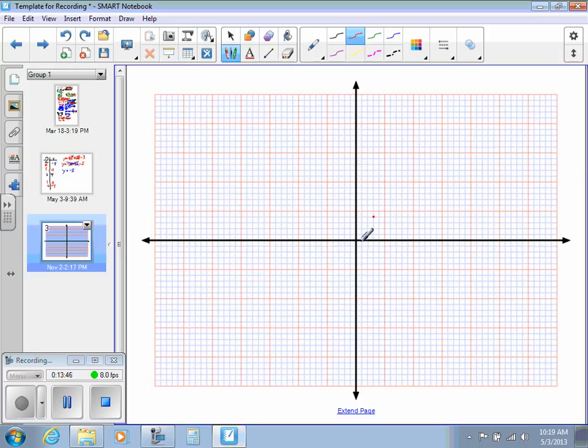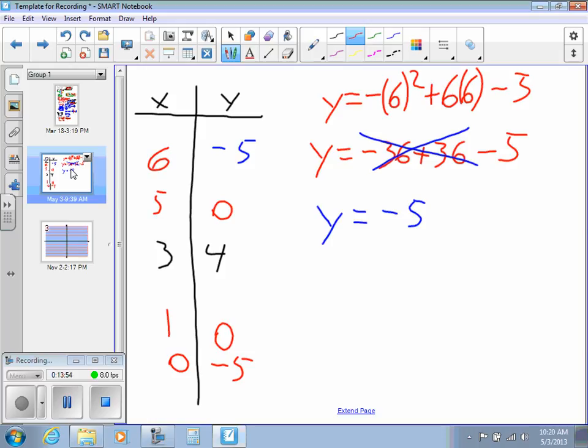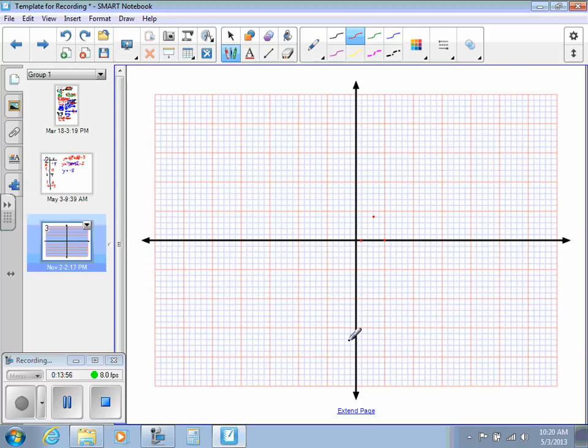So at 1, I'm at 0, and at 5, I'm at 0. And then at both 6 and 0, I'm at negative 5. So at 0, I'm at negative 5, and at 6, I'm at negative 5.